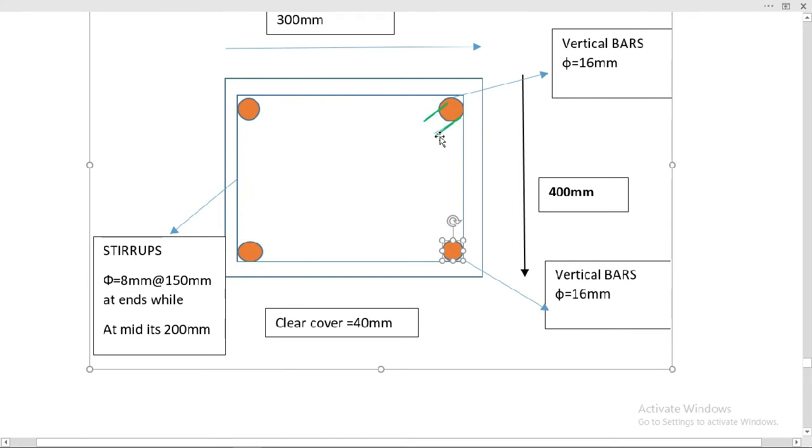Two hook lengths for one stirrup at 135-degree bends. This is the horizontal length, and this is also horizontal length. So for one stirrup we have two horizontal lengths and two vertical lengths. This is referred as A and this vertical length is referred as B, 300 millimeter and 400 millimeter.